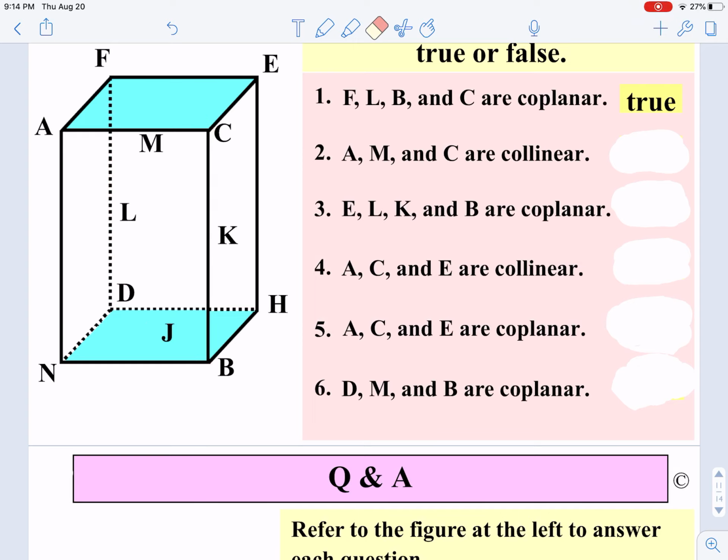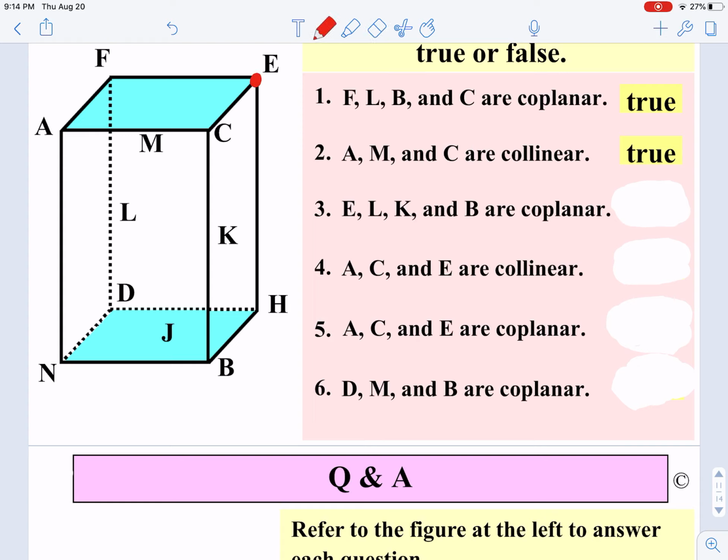Okay. Next one's A, M, and C. A, M, and C. That is true. They are all on the same line. So they are collinear. E, L, K, and B. All right, let's see about this one. Okay. E, L, let's see, where's E?